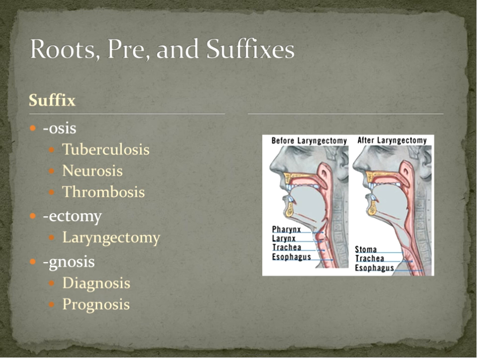And so as a speech-language pathologist, you will work with individuals who have had their larynx removed, a laryngectomy. And gnosis is the knowledge of. So diagnosis would be the knowledge of the disorder. Prognosis would be the knowledge of an outcome as the result of a disorder. Questions?